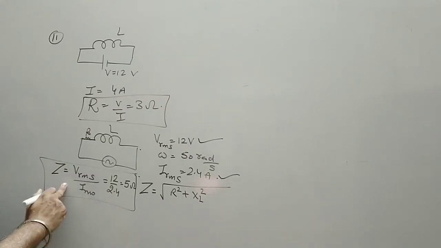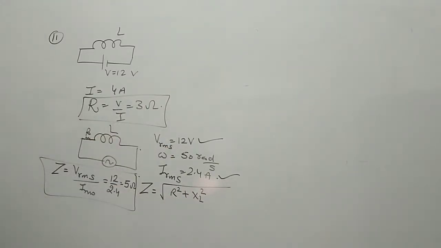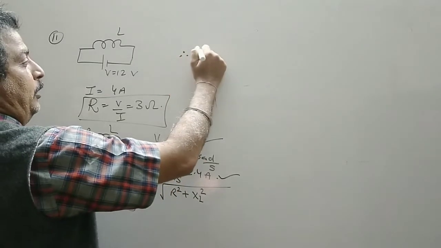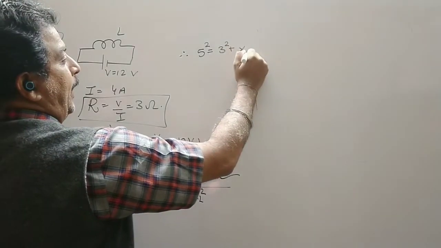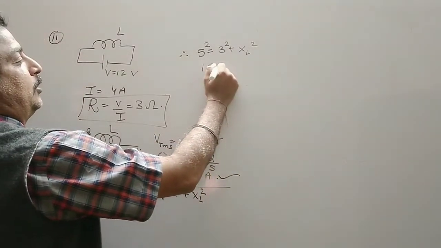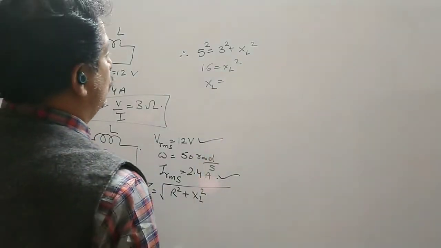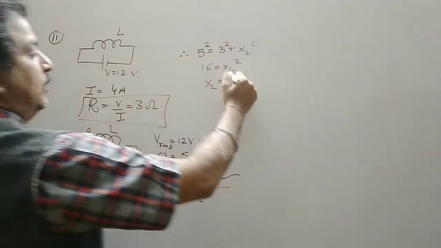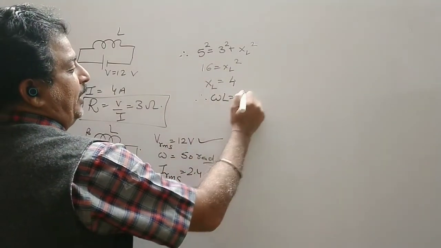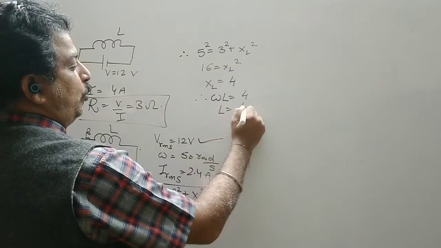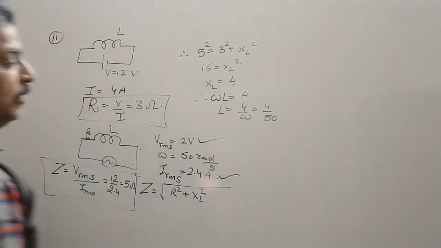Now Z is 5, R is 3, so we can find out XL here. Therefore 5 square is equal to 3 square plus XL square. So 25 minus 9 is 16, which is equal to XL square. So XL is 4, and therefore omega L is equal to 4. So L is equal to 4 upon omega, that is given directly as 50.